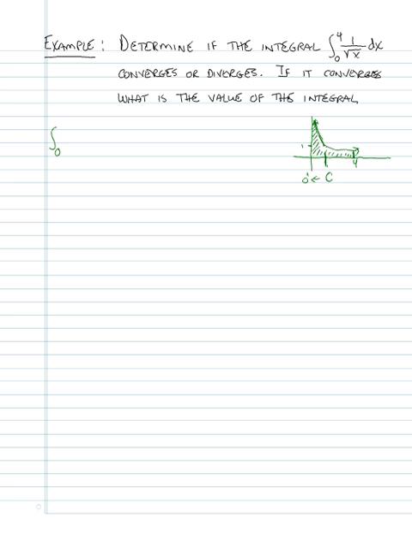The improper integral from 0 to 4 of 1 over the square root of x with respect to x is going to, what are we going to do? We're going to find an integral from some value c to 4, where c is between 0 and 4. And we're going to evaluate that integral. But when we do, we're going to take the limit as c gets closer and closer to 0, but it's got to get closer and closer to 0 from the right-hand side.